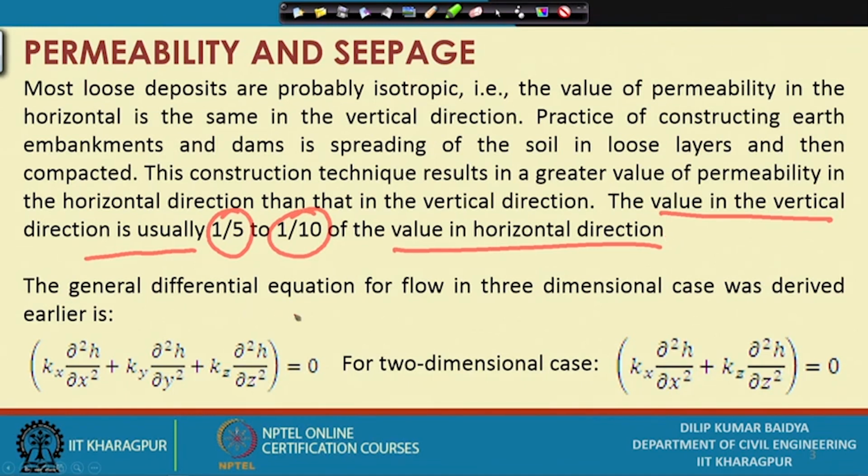The general differential equation of flow we have derived when k x, k y, k z are not the same; this is the general equation, and if you consider 2 dimensional, then this is the generalized equation. Now if k x and k y are not the same, we will not be able to draw the flow net.